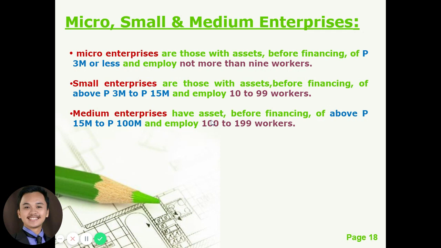However, if your assets are 15 million to 100 million and your employees range from 100 to 199 workers, then such a business enterprise is already considered a medium enterprise. So again, we have micro enterprises, small enterprises, and medium enterprises.